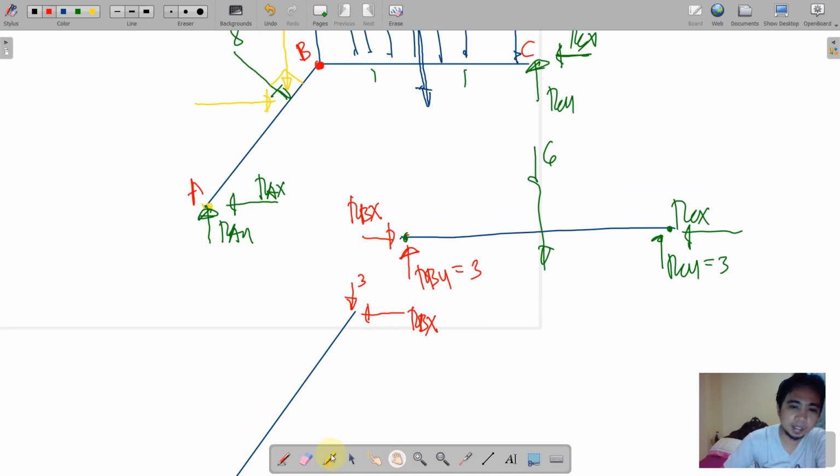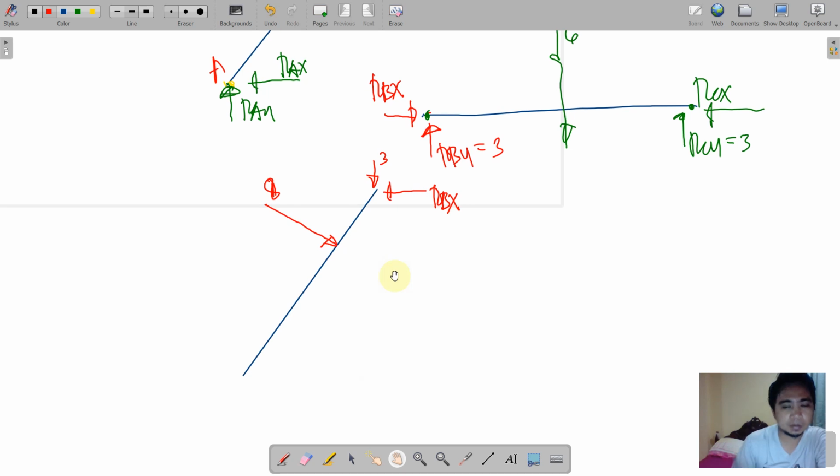Okay? And then, ito, meron na tayo dating 8 dyan. This 8 here is perpendicular to the member. And then again, ito, meron na tayo dito dating RAY and a leftwards RAX.